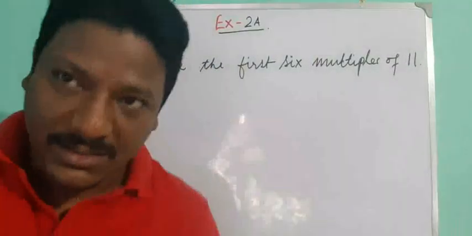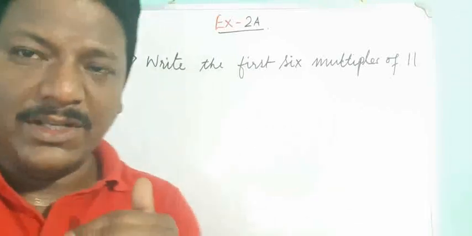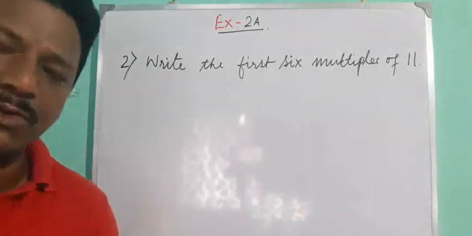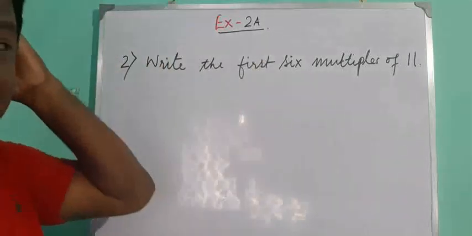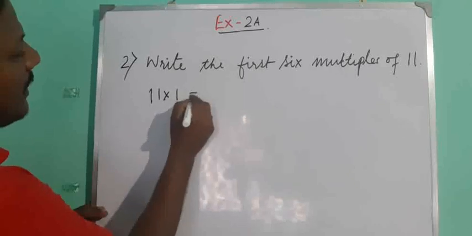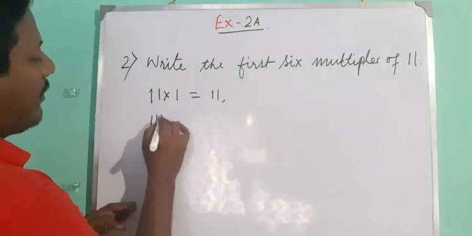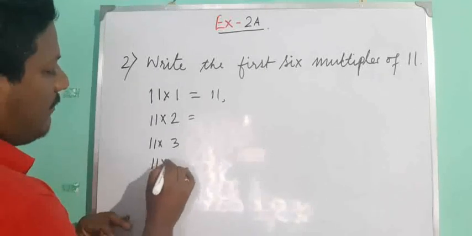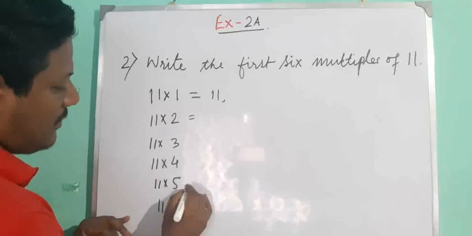When I explained yesterday's video, the multiples I told you that this is nothing. This is a simple table of the given number, as you know the table of 2, 3, 4, 5 and so on. So here you have to write the first 6 multiples of 11. So first 6 multiples, I told you just simply you can write 11 ones 11, 11 2, 11 3, 11 4, 11 into 5 and 11 into 6.